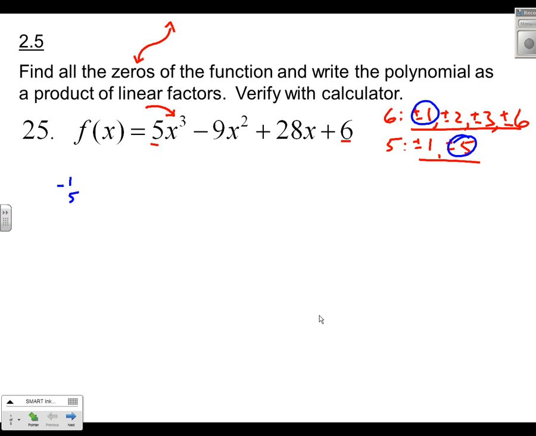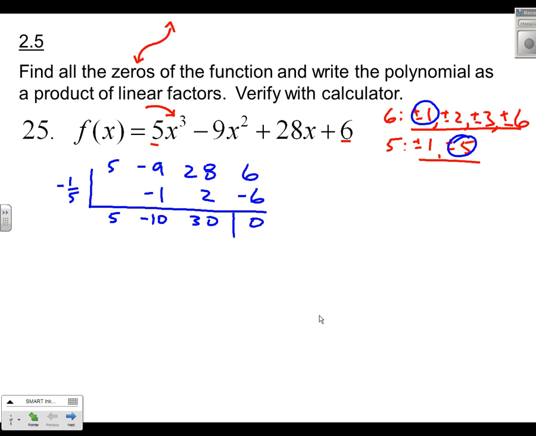I'll bet negative 1/5 works. Sure, I could have tried easier ones, but I just feel like maybe that's a special one. 5, negative 9, 28, 6. Bring down the 5. 5 times negative 1/5 is negative 1. Negative 9 plus negative 1 is negative 10. Times negative 1/5 is positive 2, plus 28 is 30. Times negative 1/5 is negative 6, plus 6 is 0. Holy cow, wasn't I lucky?